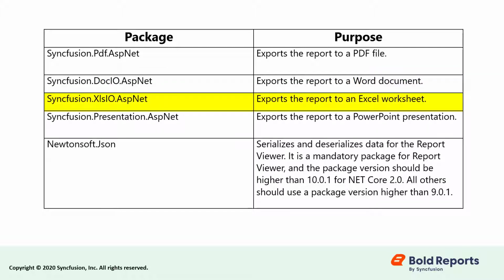The Syncfusion.XlsIO.AspNet package is used for exporting RDL or RDLC reports in Excel format. The Syncfusion.Presentation.AspNet package is used for exporting RDL or RDLC reports in PowerPoint format. The Newtonsoft.Json package is used to serialize and deserialize data for report viewer. The dependent packages will be installed automatically on installing the BoldReports.Web package.